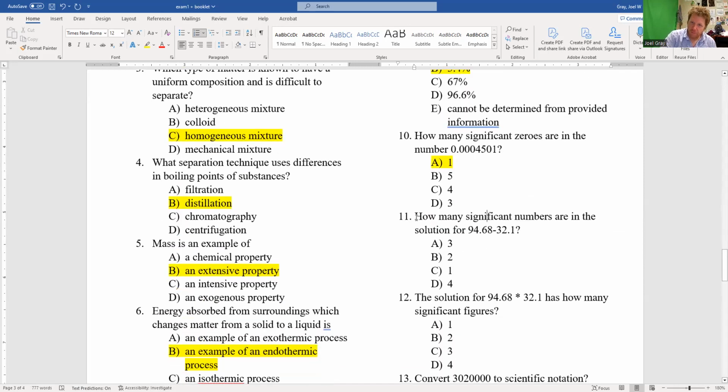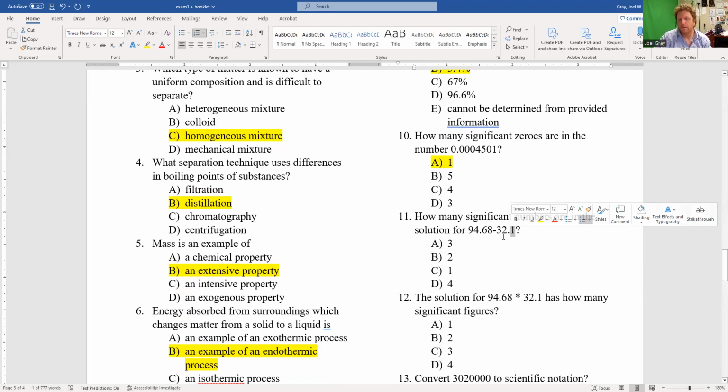How many significant numbers are in the solution for 94.68 minus 32.1? And this is really getting to our rules of significant figure addition and subtraction. And if you look, whenever we're doing addition and subtraction, the lowest number of numbers beyond the decimal place is what's going to influence our answer.